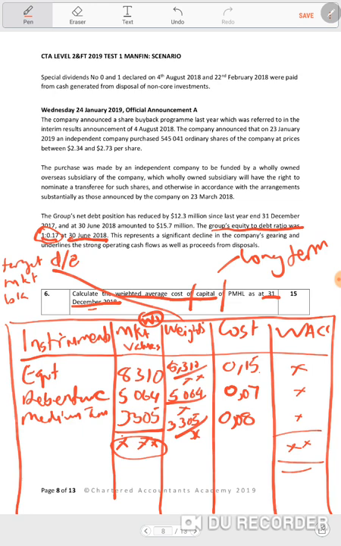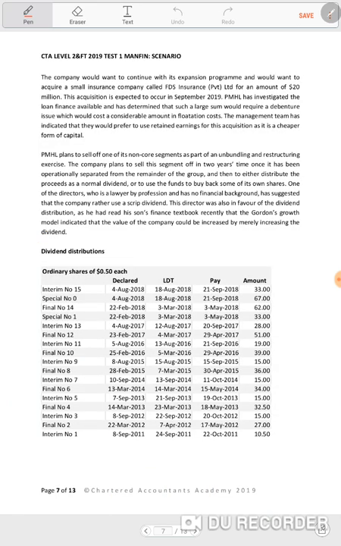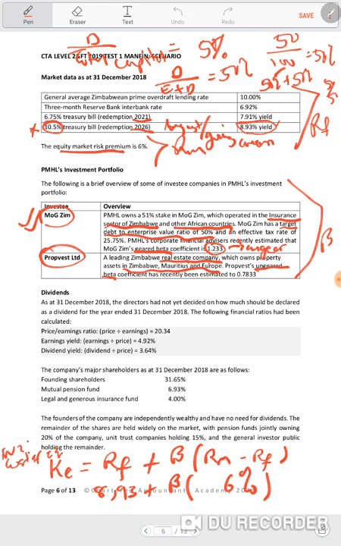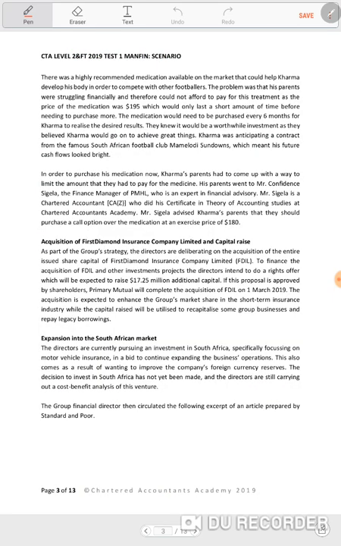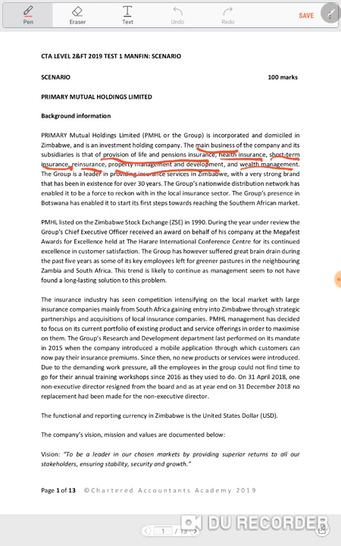But there's one simple thing that most of you left out in your exam. We were told that Moxim is operating in Zimbabwe and other African countries. We took it as our proxy, and then our primary company is operating where? It is incorporated and domiciled in Zimbabwe.